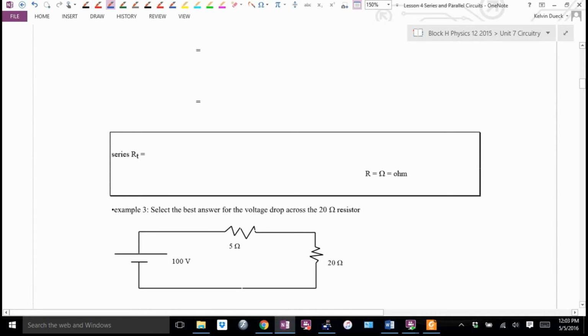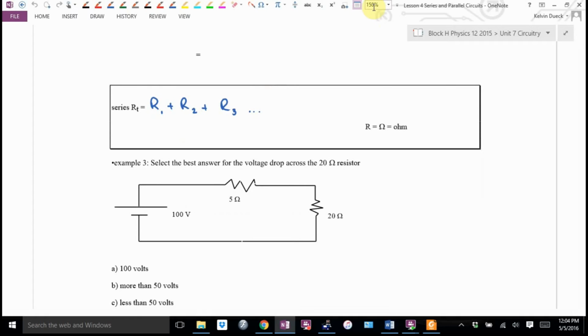So if we're in series, our total is going to be R1 plus R2 plus R3 plus R4 plus R5 plus, that's why I have dot, dot, dot. And this already gives us a better way to handle the battery light bulb problem I started out with before class started.